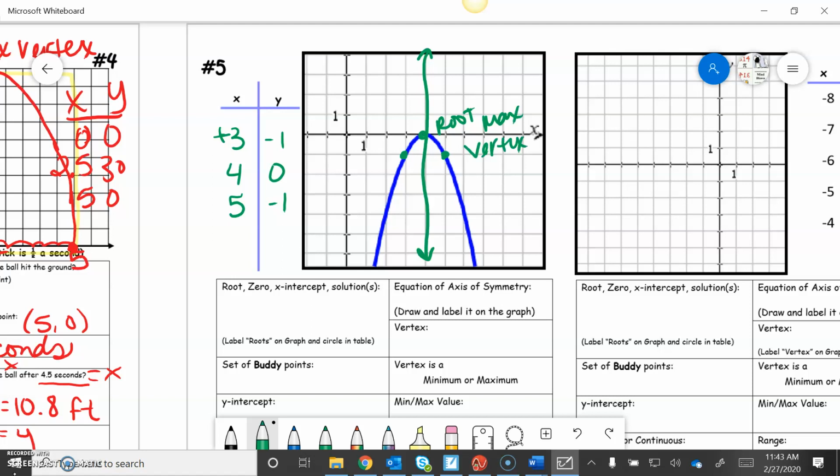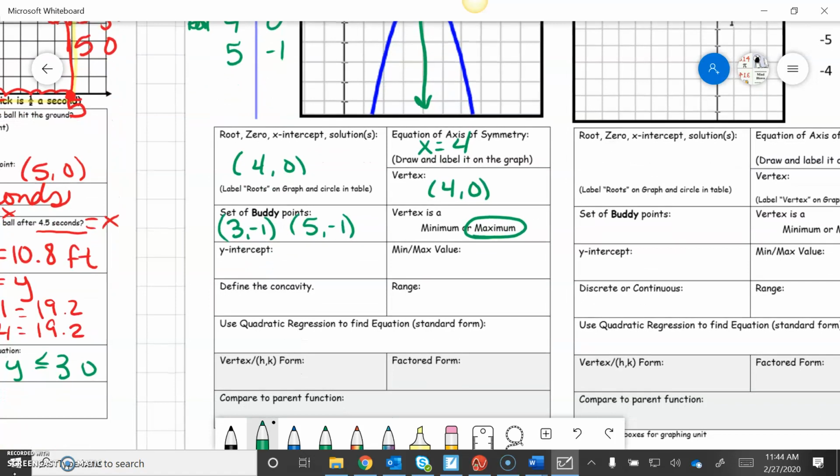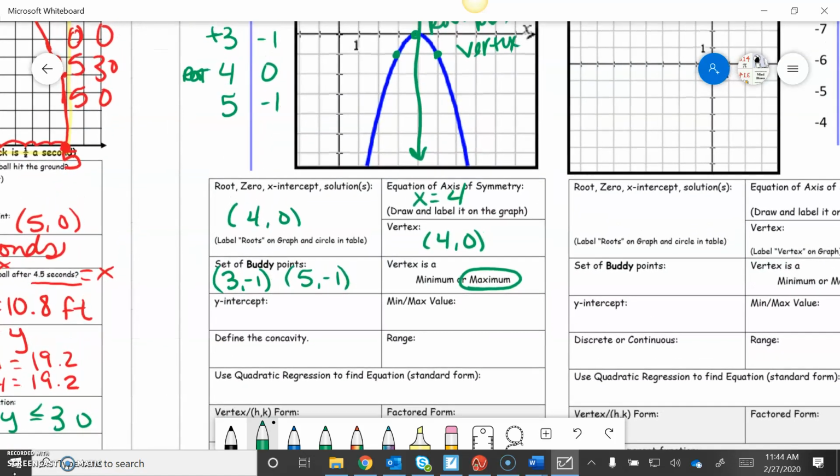So when we go down here, we can look at our root, x-intercept, solution is going to be 4, 0, as well as our max vertex is also 4, 0. So usually when you have one root, your vertex will be the same. Our equation for our axis of symmetry is x equals 4. We have buddy points at 3, -1, and 5, -1. Our y-intercept we'll get to because we can't actually see that.